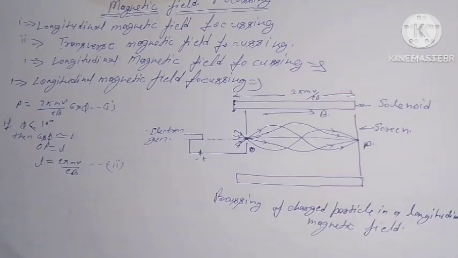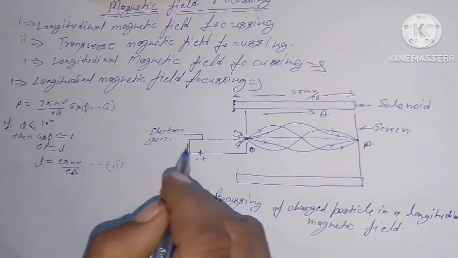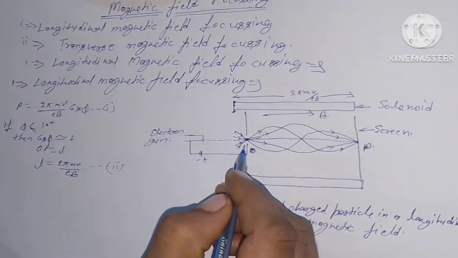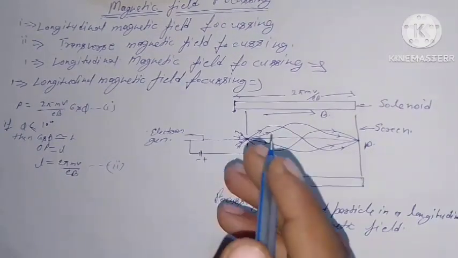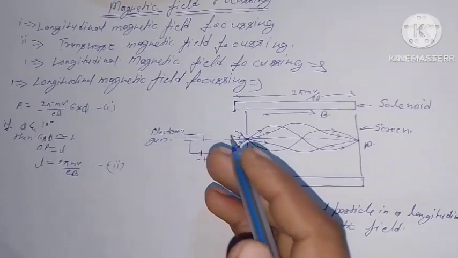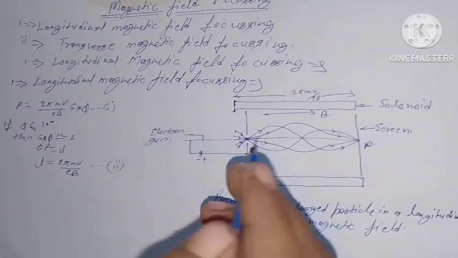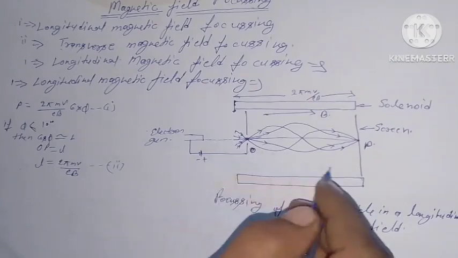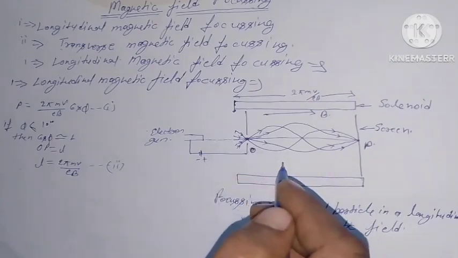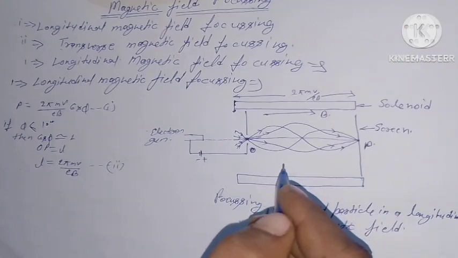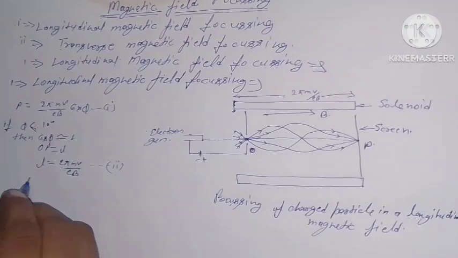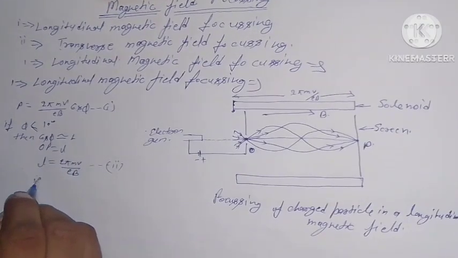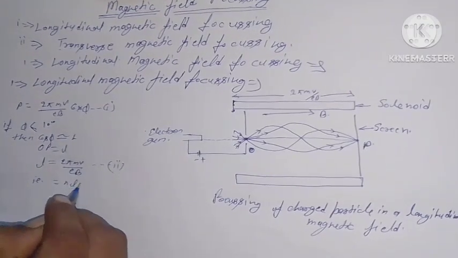Therefore, the beam of electrons entering the field B making a small angle of divergence phi comes to focus at a distance L, or at any point located at an integral multiple of L.